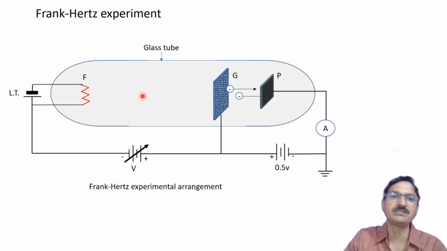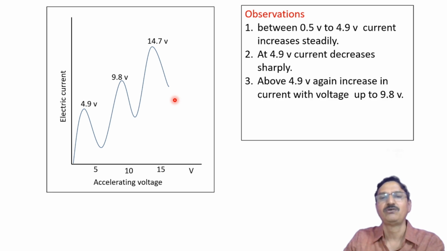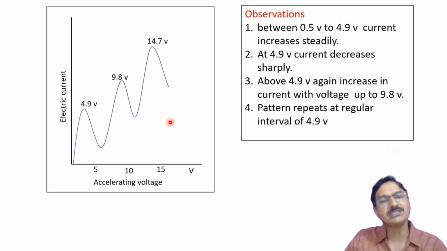So they utilize their energy to knock the electron from the mercury atom and hence lose their kinetic energy and are unable to reach the grid and the plate P. So Frank and Hertz explained these facts on the basis of elastic collision and inelastic collision between the electrons emitted from the filament and the mercury atoms.